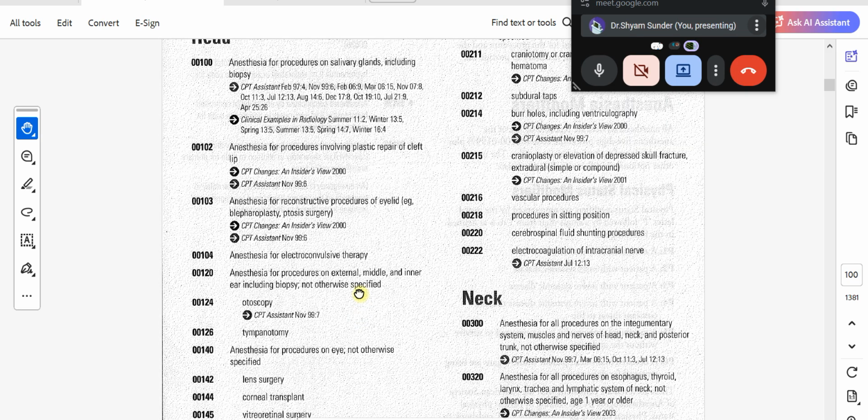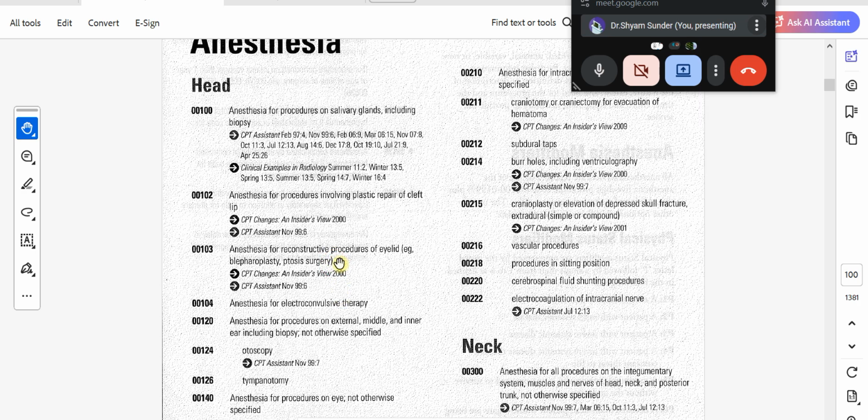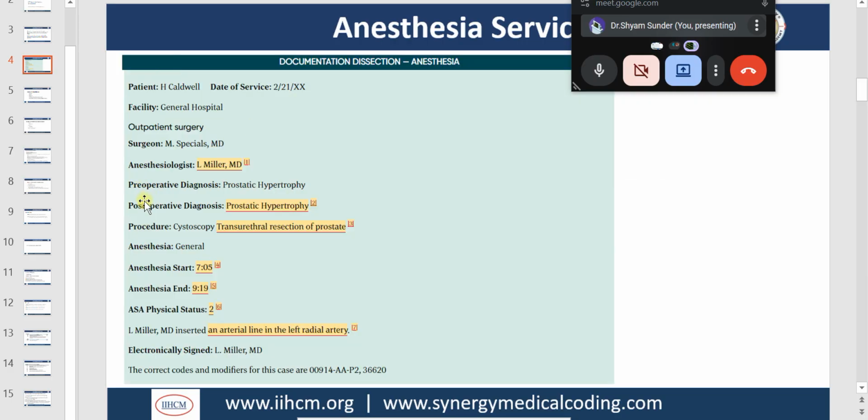So to code anesthesia services, yes, one must have surgical knowledge also. One must know what the surgical procedure is. Will the procedure be given in the documentation? Yes. Like this, procedure name, cystoscopy, transurethral resection of prostate.